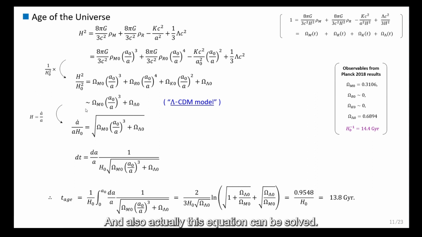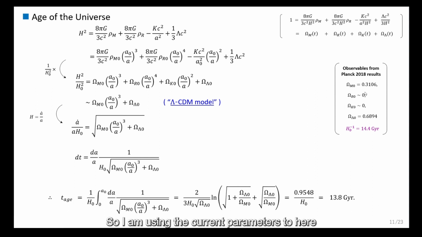And also, actually, this equation can be solved. Finally, you can get this part, and you can perform the integration of this. Then finally, you can get the age of the universe, which is almost given by like this.